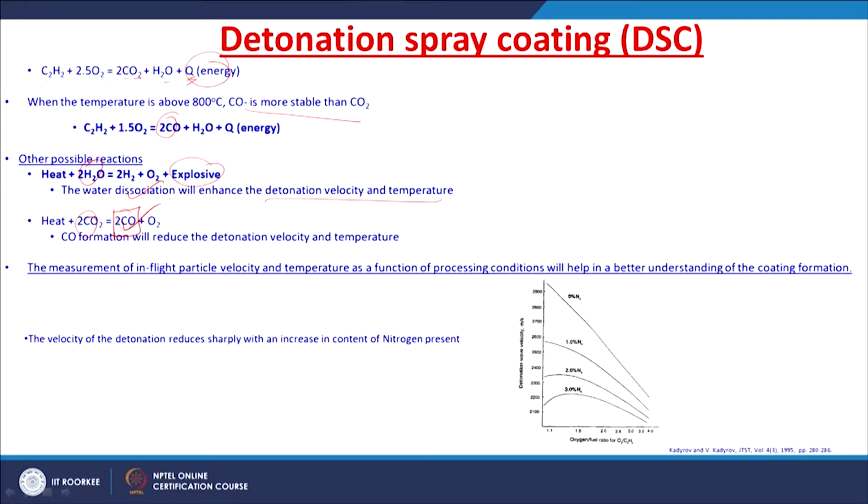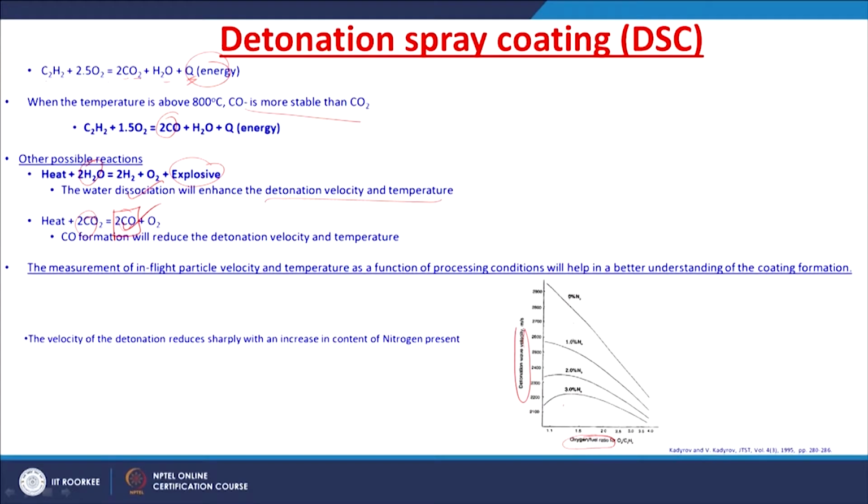So, for the processing conditions, for example, if you look at this result from a research paper, it shows the detonation wave velocity in meters per second against the oxygen to fuel ratio used for this coating. As the nitrogen present is increased, the velocity of the detonation reduces sharply, right.